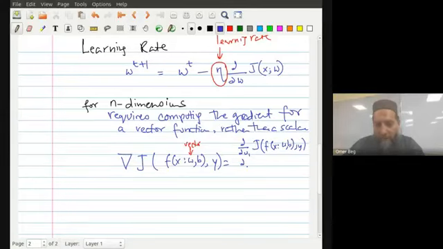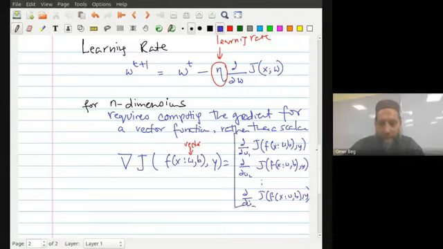And then the differential with respect to the second weight, and all the way to n weights if we have n weights. Okay? So this would be a vector of differentials.